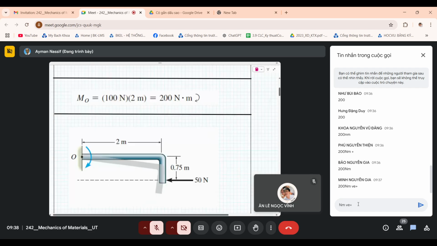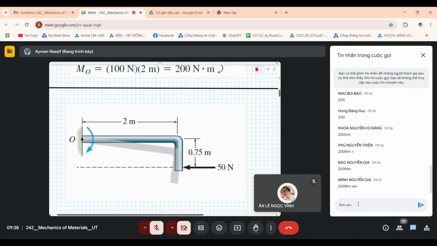Another one, please, quick. Again, shout in the chat box, and I will see the chat box in front of me. So what is the rotational effect of the force 50 Newton? Again, around point O. So this is all in one plane, two-dimensional. For now you can think about the component here, but actually it does not matter for now.